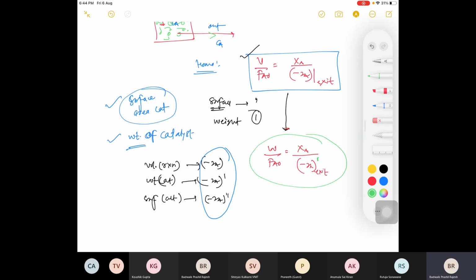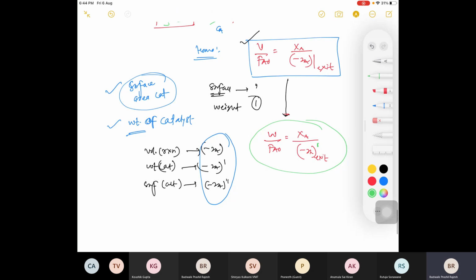This is just a way of representation. Then you can have your relation as minus Ra dash into weight of catalyst is equal to minus Ra into volume of reaction mixture, right? So that's all.